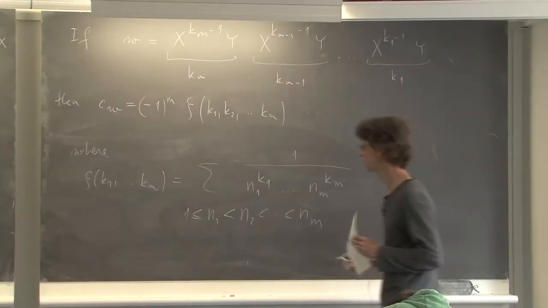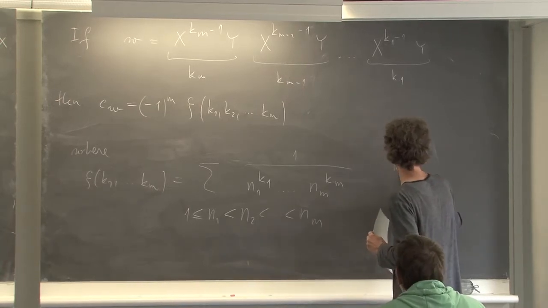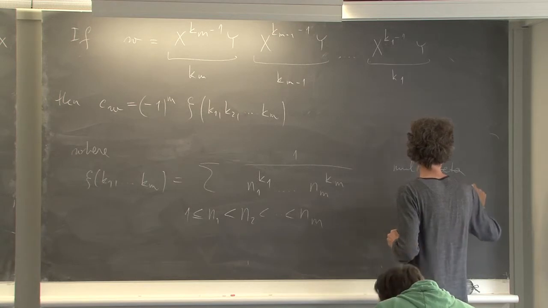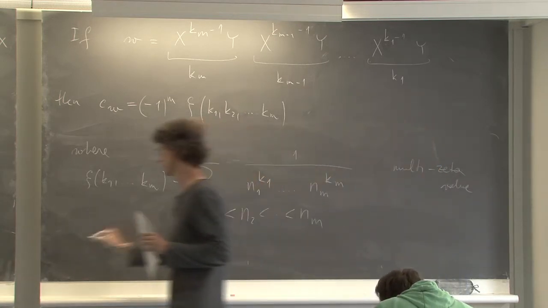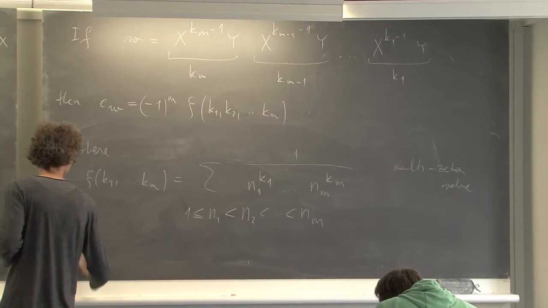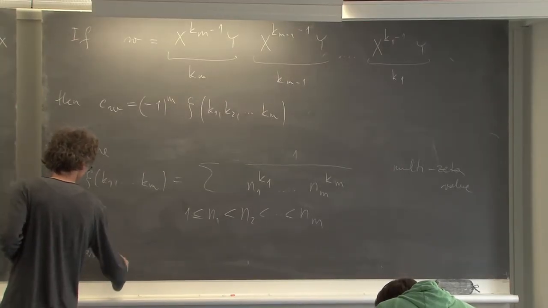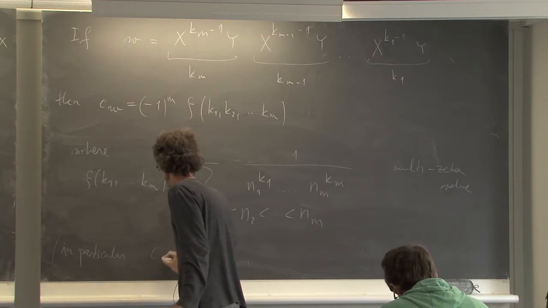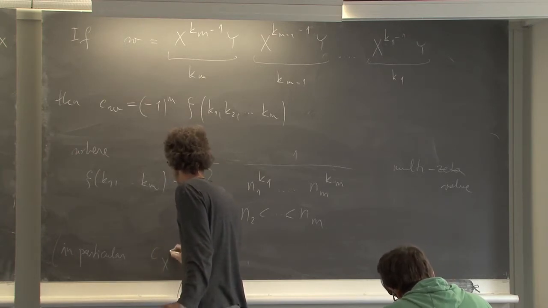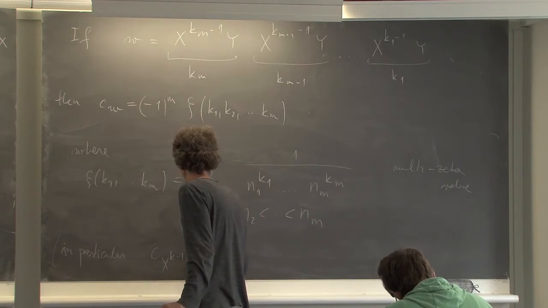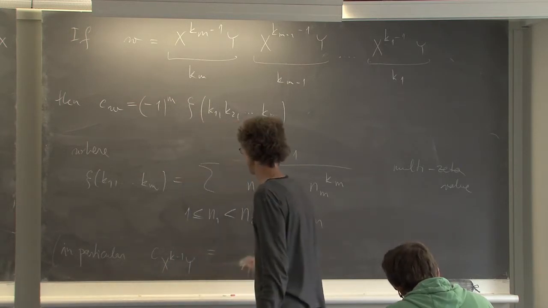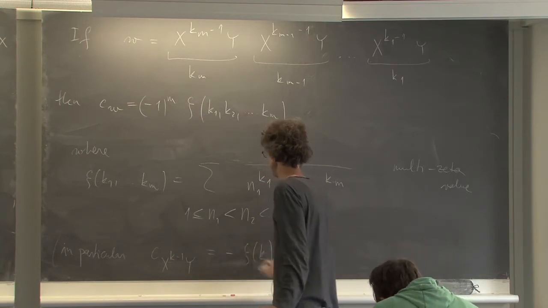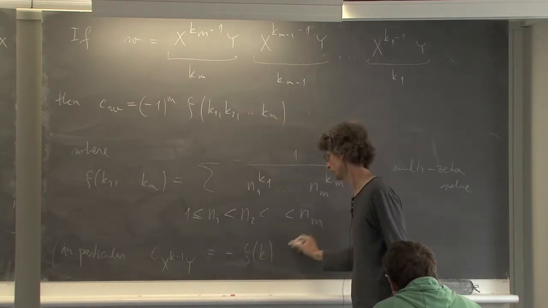That's the definition of what is called a multi-zeta value. So in particular, if you have just C of x^(k-1) y, then this is going to be minus zeta(k), which is the ordinary zeta function.